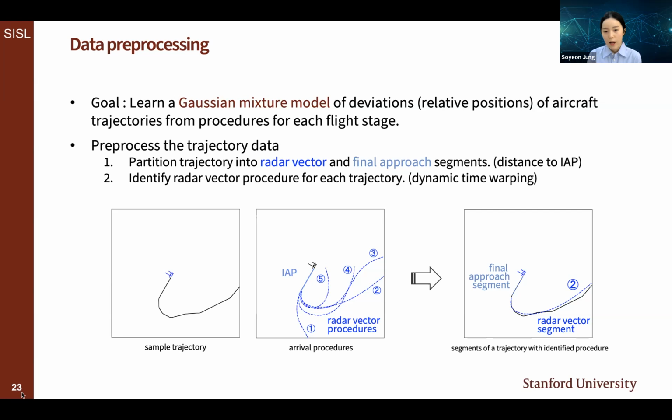And so I pre-processed each trajectory by first partitioning it into the radar vector and final approach segments based on the distance to IAP, and then labeling it with a radar vector procedure using the dynamic time warping method. The dynamic time warping can measure the similarity between two sequences with different lengths using a dynamic programming approach.